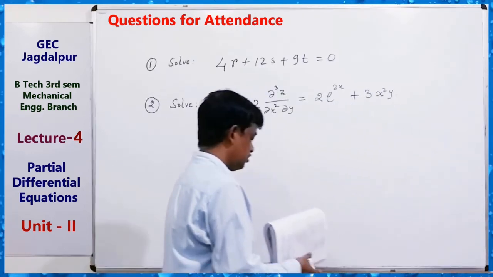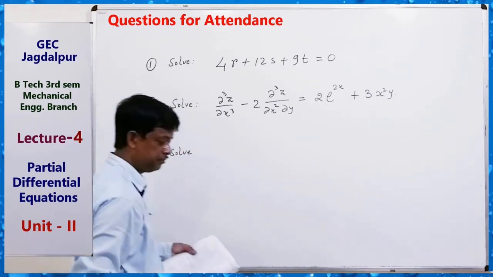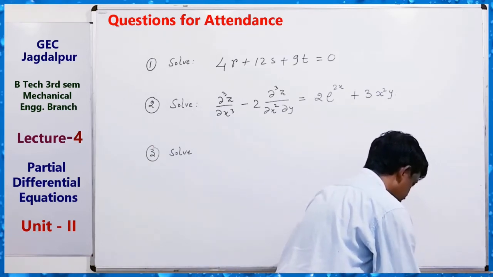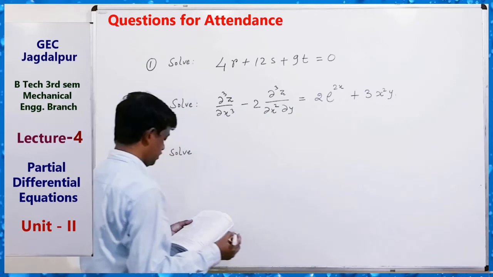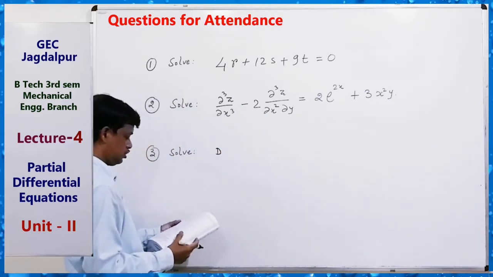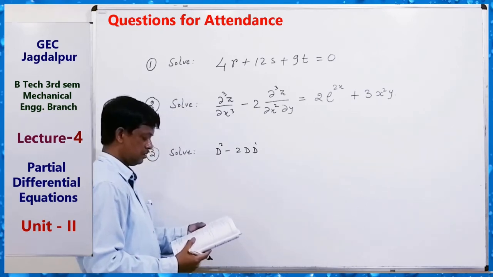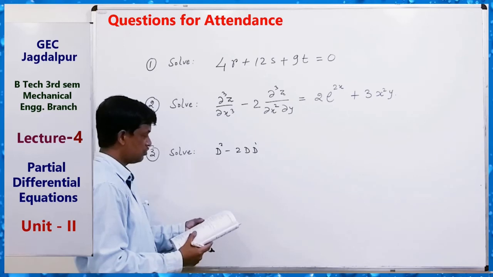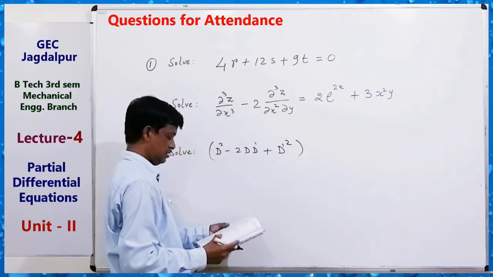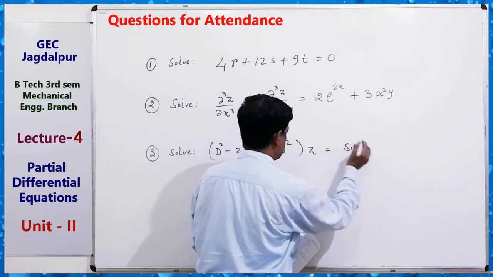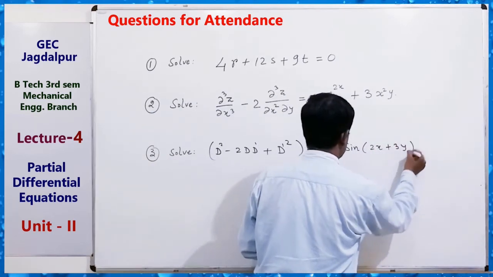also solve question third. Solve d square minus 2d dash, d square minus 2d dash plus d dash square, z equals to sine of 2x plus 3y.